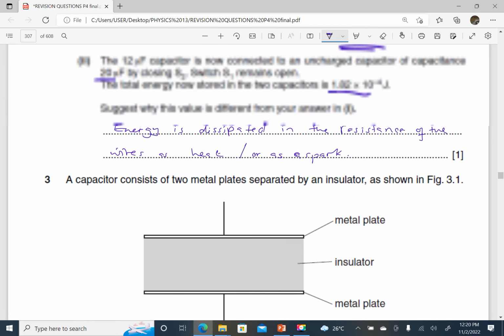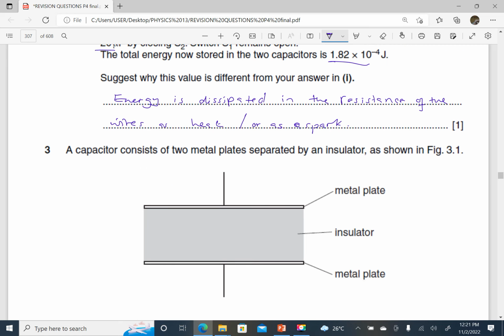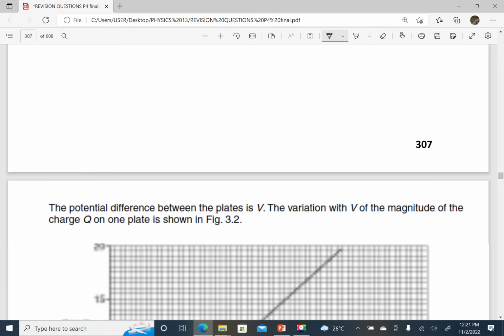That is the major reason why the energy stored when the capacitor discharges into another one is not the same as stored before.